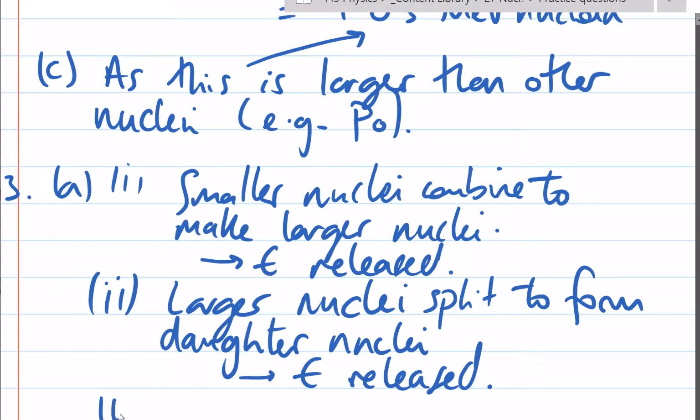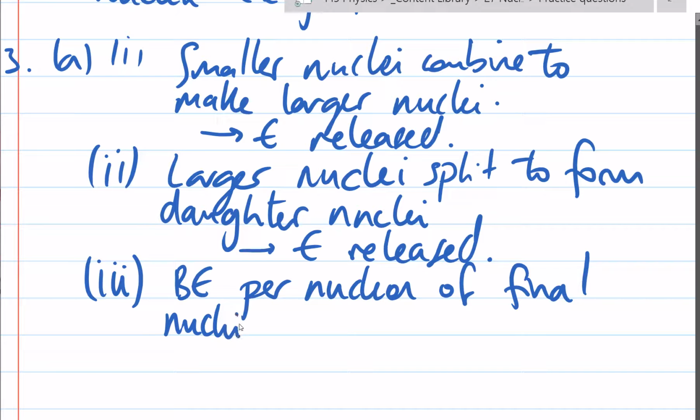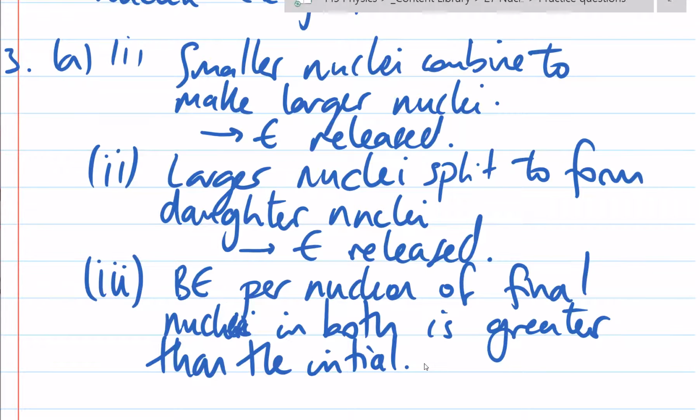Part 3 is why is that releasing energy, and this is because the binding energy per nucleon of the final nuclei in both is greater than the initial. So in fission, the binding energy per nucleon of the daughter nuclei is greater than the original.